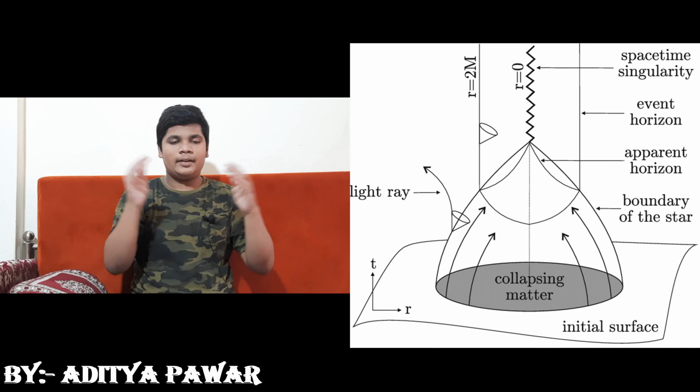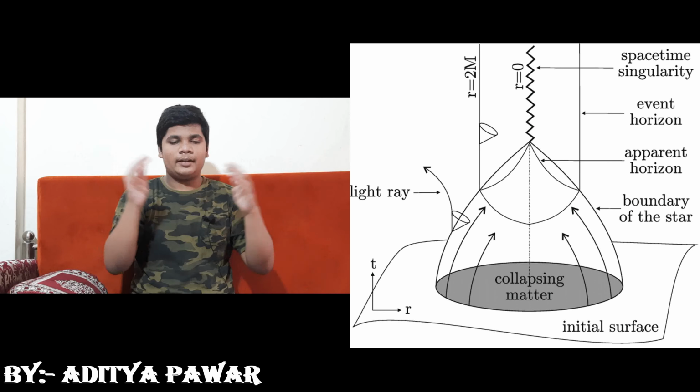M is the mass of the star, and G, the capital G, is Newton's gravitational constant, which is 6.67 multiplied by 10 to the power of minus 11. As this mass reaches that singular point, an initial singularity has been created.